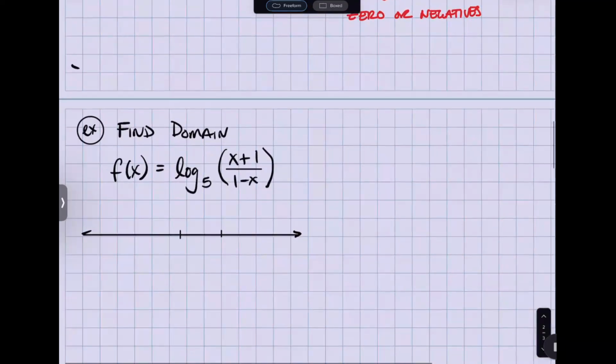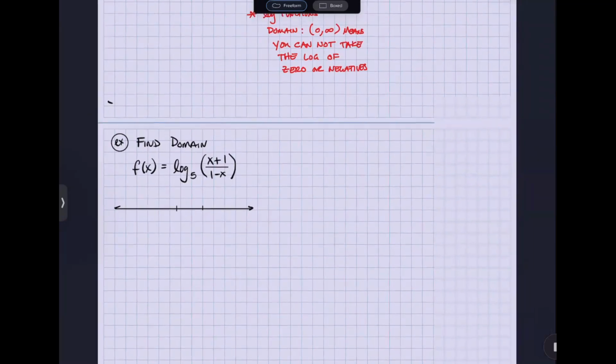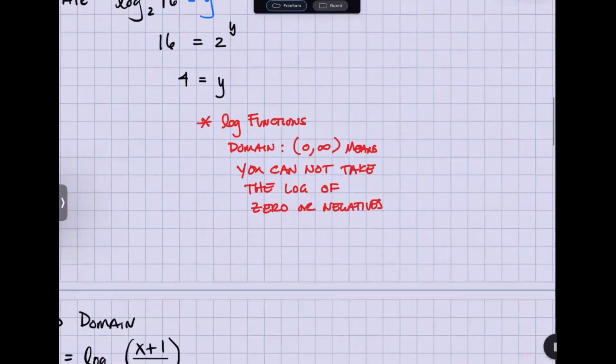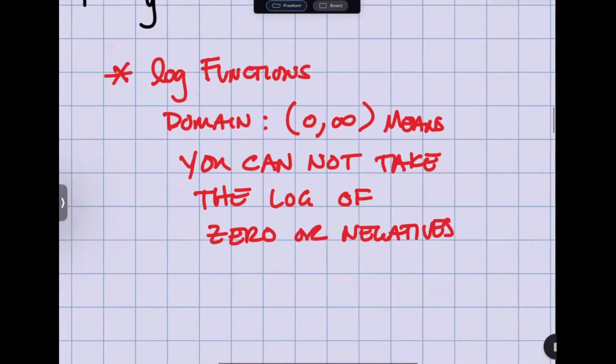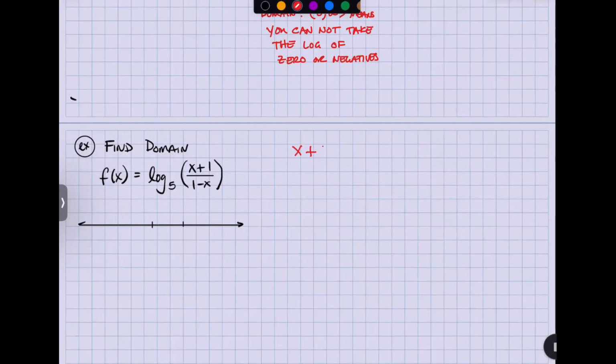Based on this truth, that I cannot take the log of a 0 or negative number, I can say that x plus 1 over 1 minus x has to be greater than 0. Sorry. Is that true? So that's one thing I have to set.